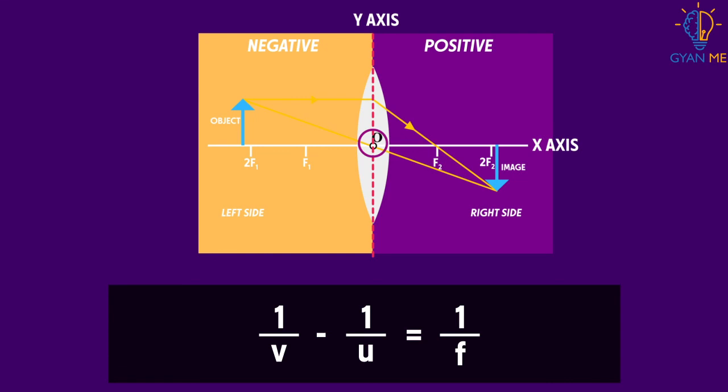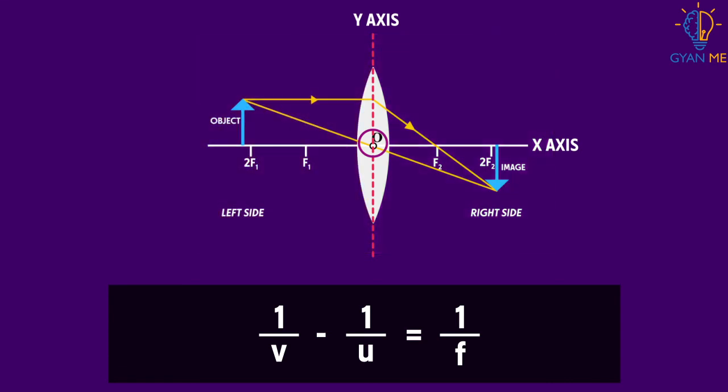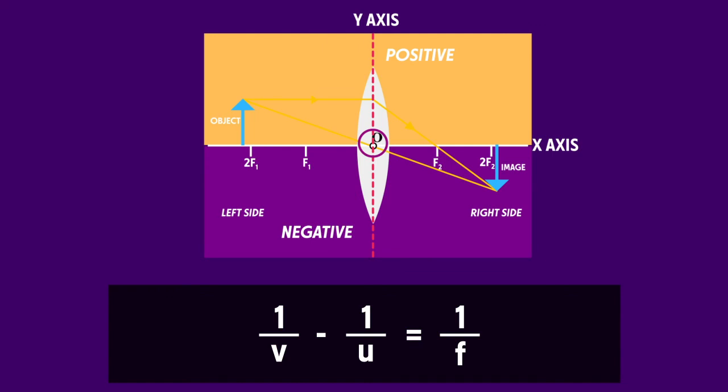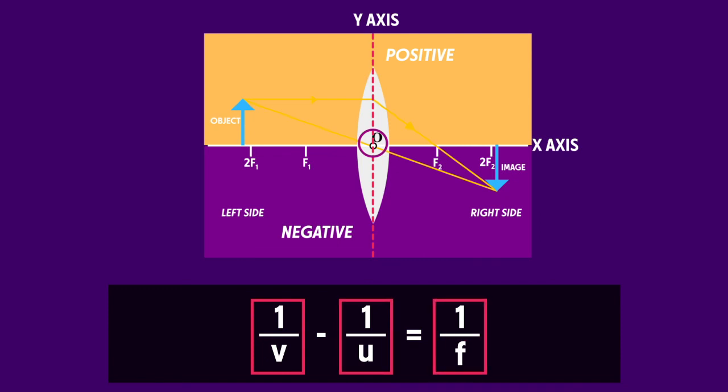All the distances measured above the principal axis, which is also the x-axis, are positive, while all the distances measured below the principal axis are negative. And yes, this sign convention is followed while assigning respective signs to image distance, object distance, and focal length while using the lens formula and finding magnification of the lenses.